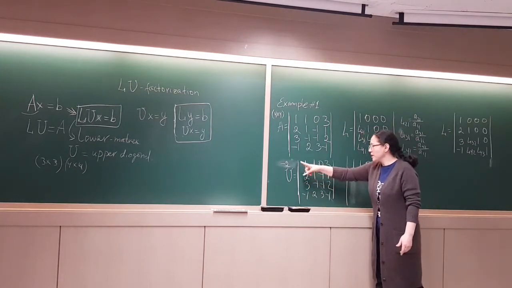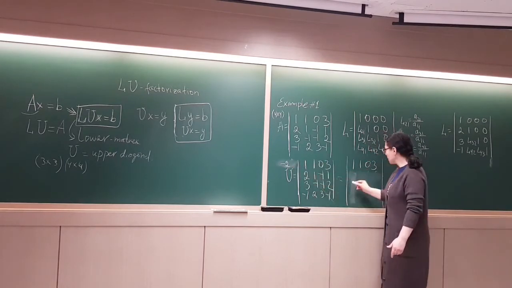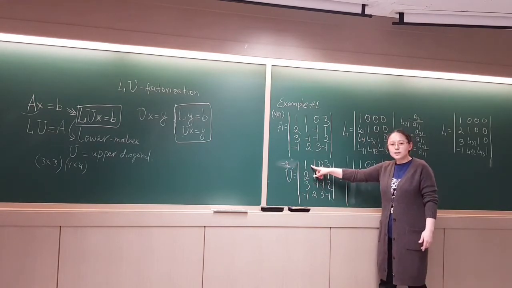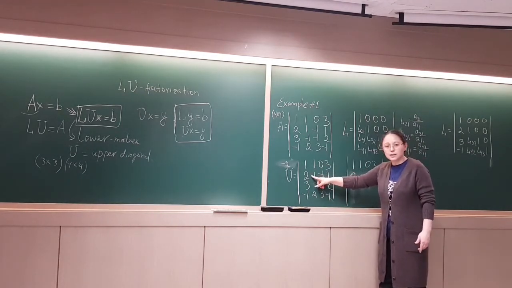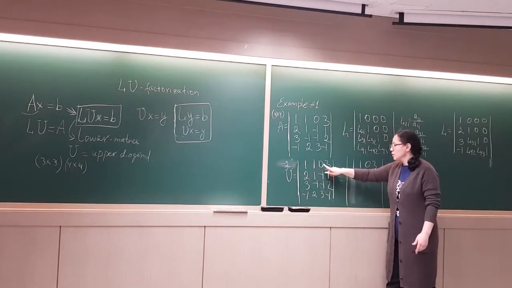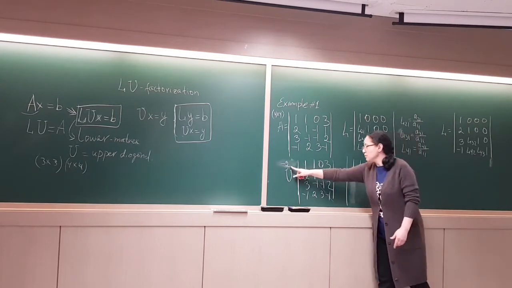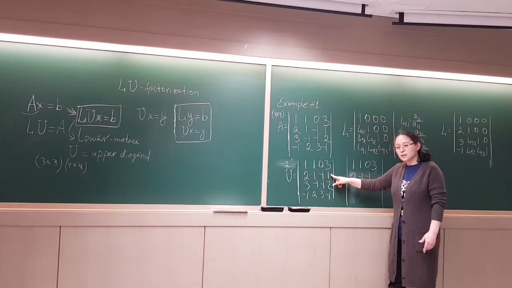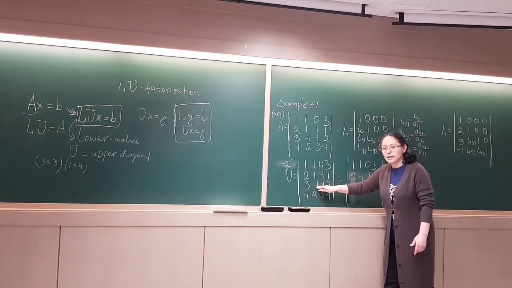Minus 2 times 1 is minus 2, and adding gives 0. Second, minus 2 plus 1 is minus 1. Here minus 2 times 0 is 0, and adding minus 1 gives minus 1. Here minus 2 times 3 is minus 6, and we add 1 to get minus 5.